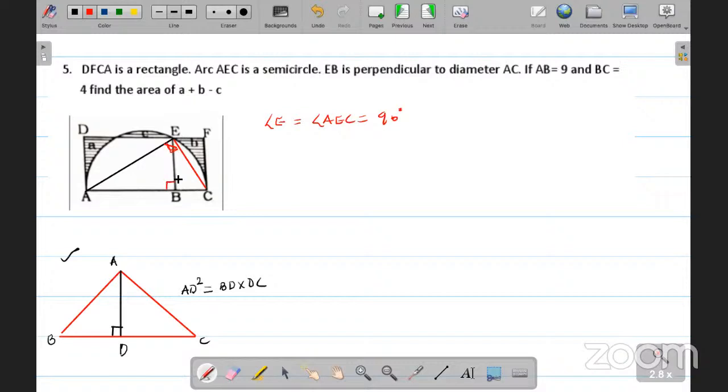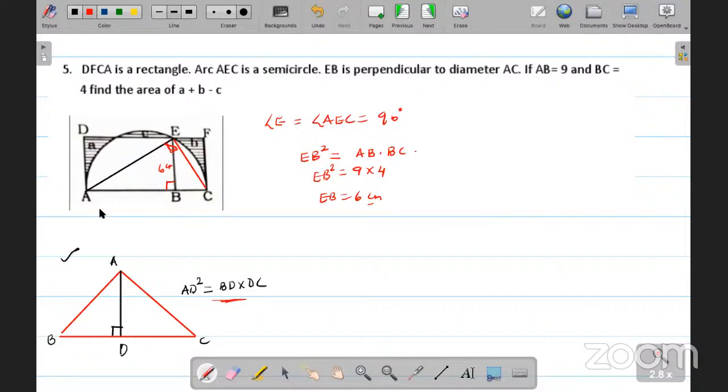This is given to me as 90 degrees. So can I write the same formula as EB square is equal to AB into BC, which is equal to 9 into 4, so EB square is 36, which makes EB as 6. So I get this value as 6 centimeter. This much is clear.